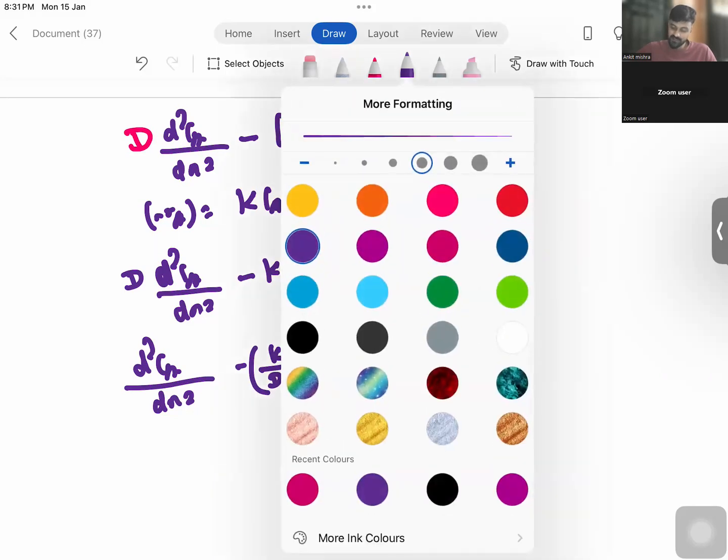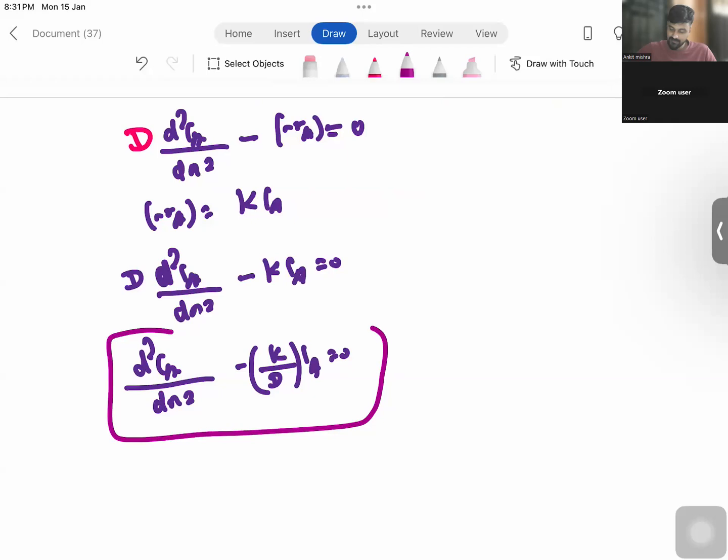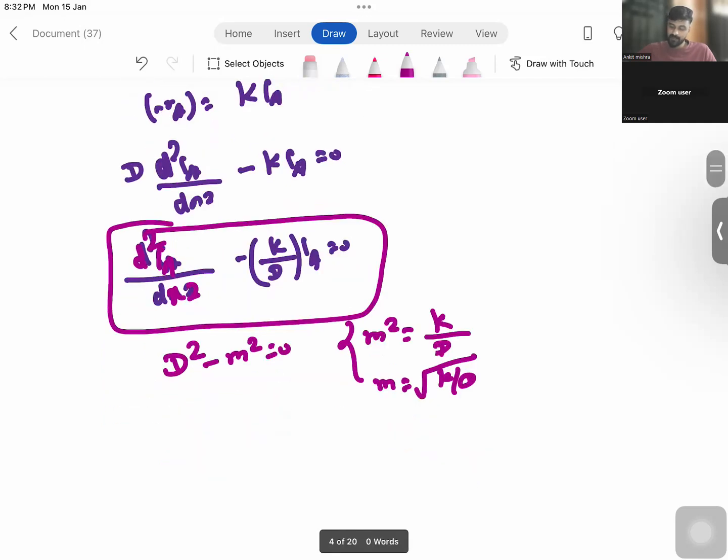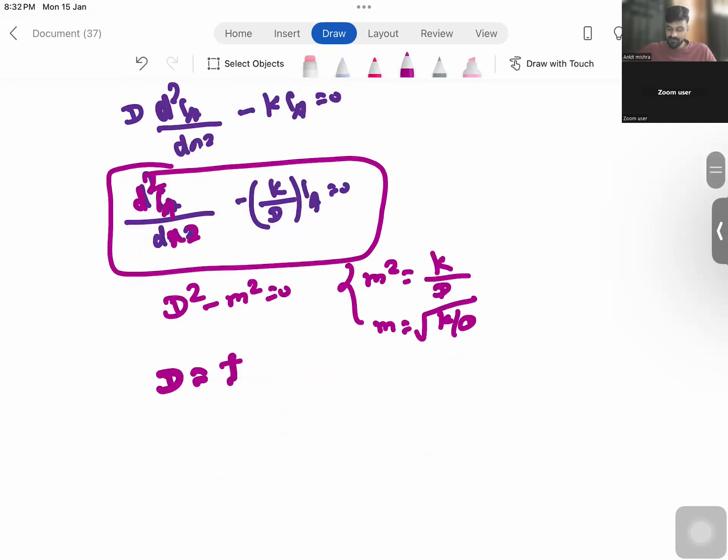So this is your second order partial differential equation, or sorry, this one is your second order ordinary differential equation. So you can solve these things very easily, right? So let's say I'm assuming D square minus m square equals to 0, where m square is equals to K by D. So you can write m equals to root over K by D. Fine. So you can write D equals to plus minus m.